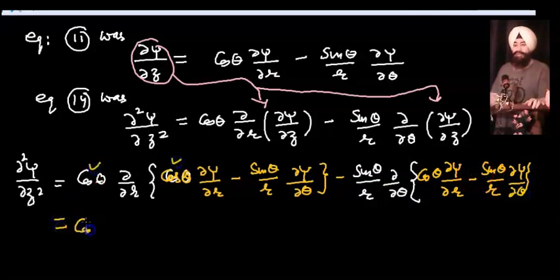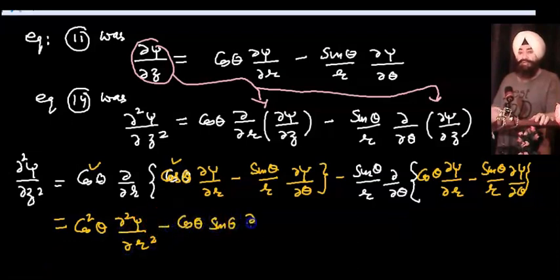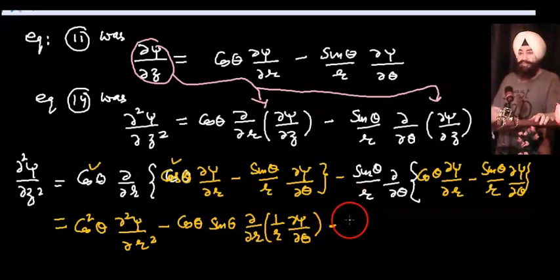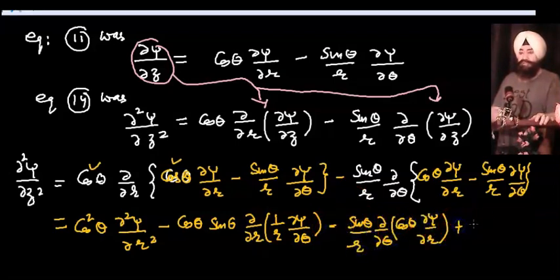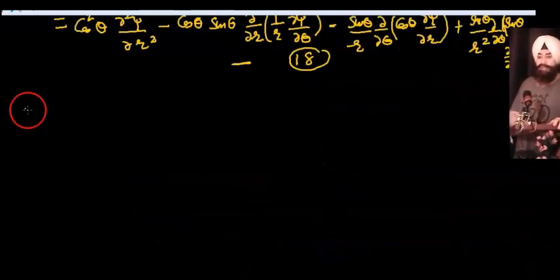Now the operator here is with respect to r, here the operator is with respect to theta. Just solving, so we are having the 4 terms. Okay. So this is our equation 18.